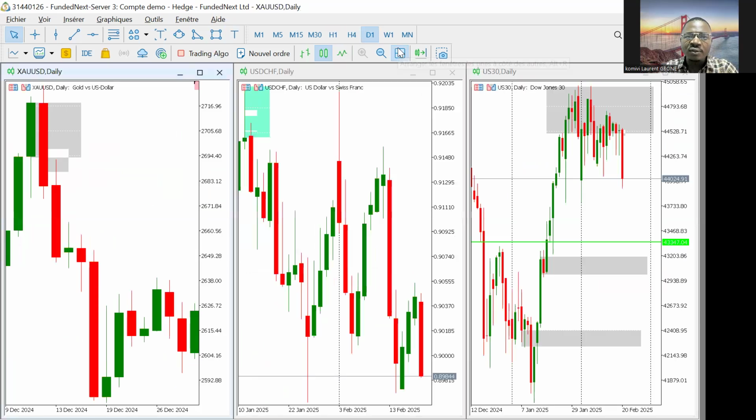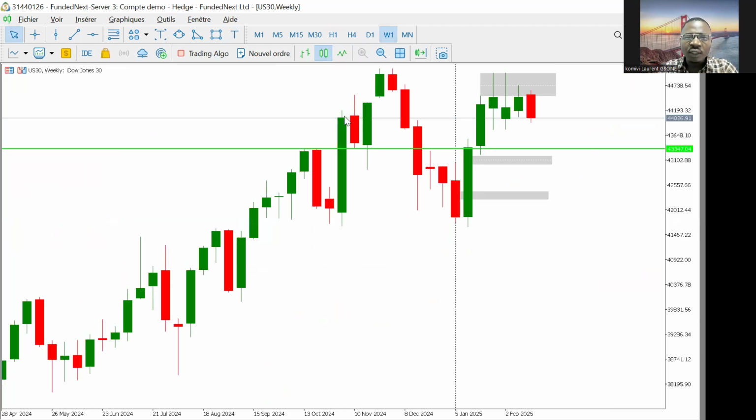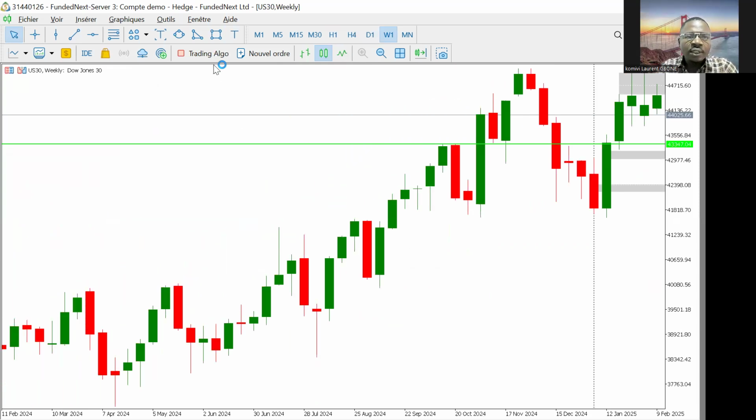Let us go to US 30 to see whether we can find an example in weekly. Yes, this is a strong example. This is a weekly gap.